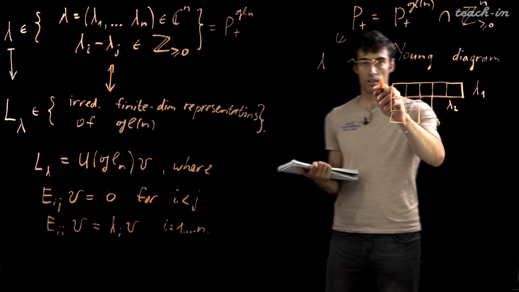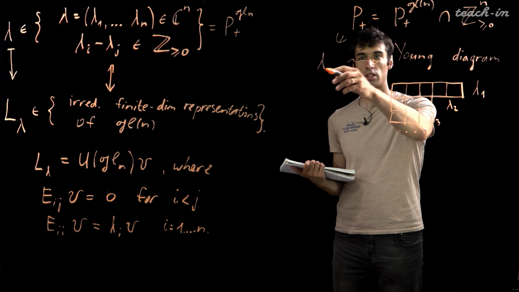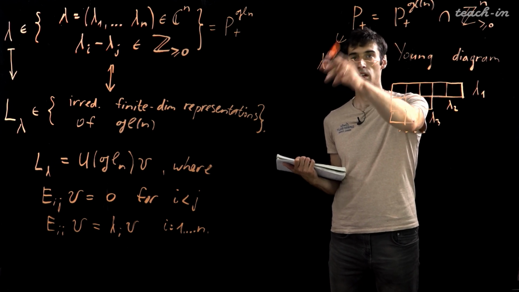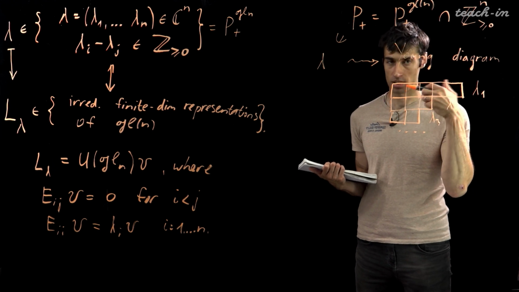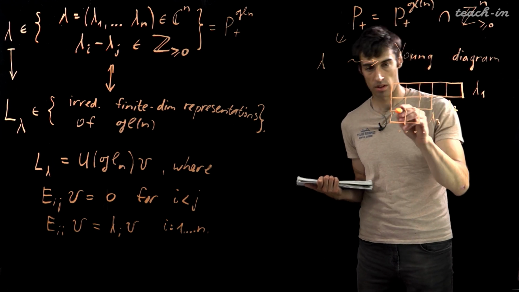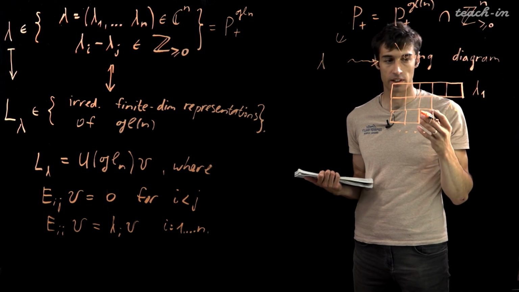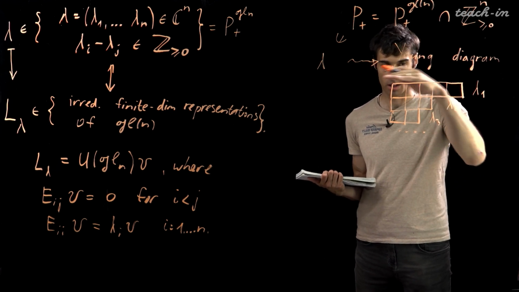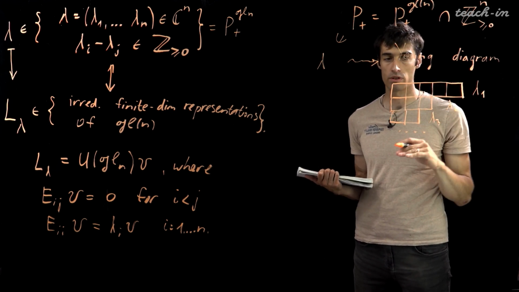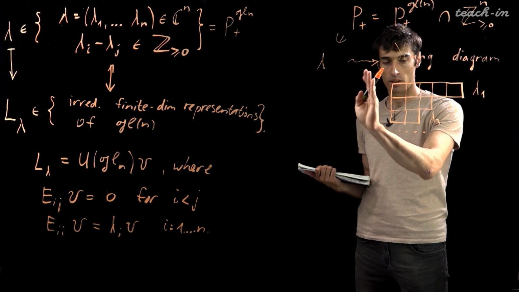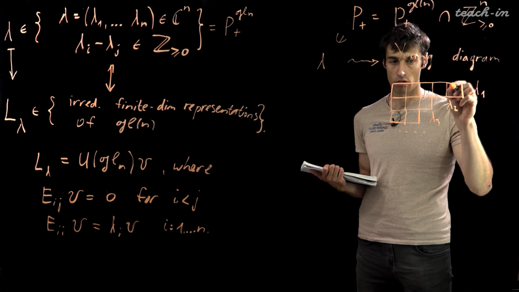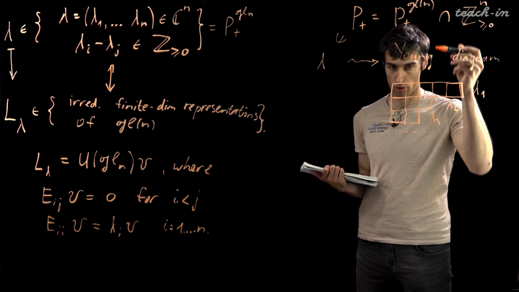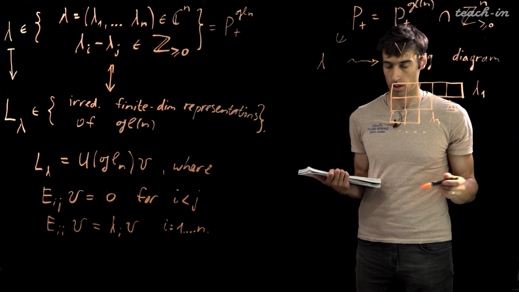On the other hand, if I'm not starting with some element from P plus, I can just consider an independent notion of Young diagram. It's a diagram, again, consisting of rows of boxes, which are aligned by the leftmost box, and the number of boxes from top to bottom does not increase.